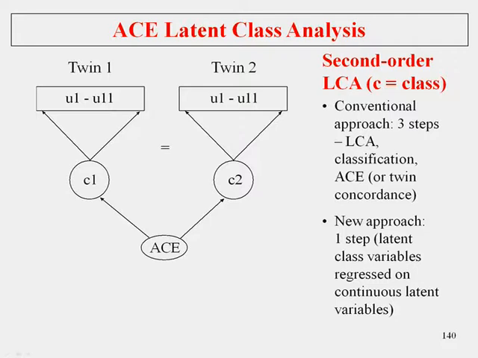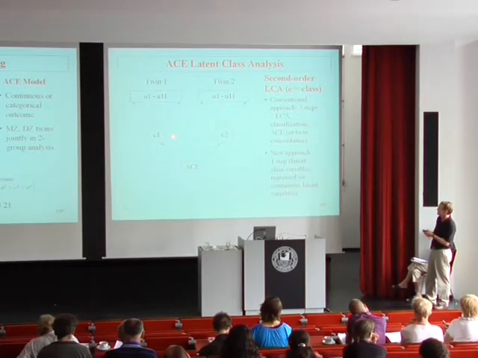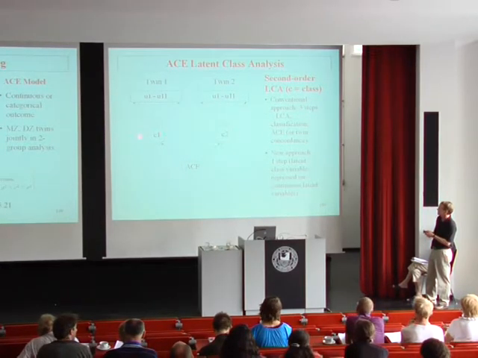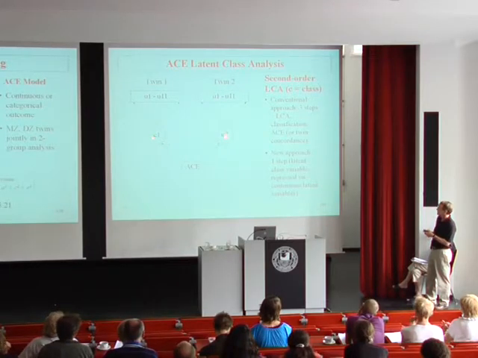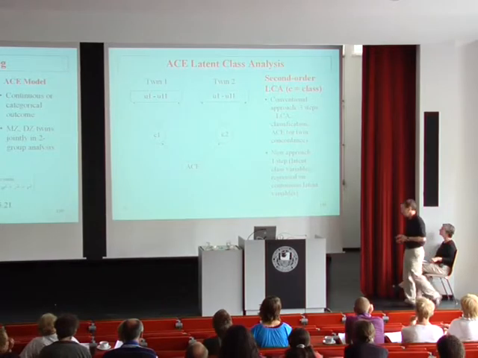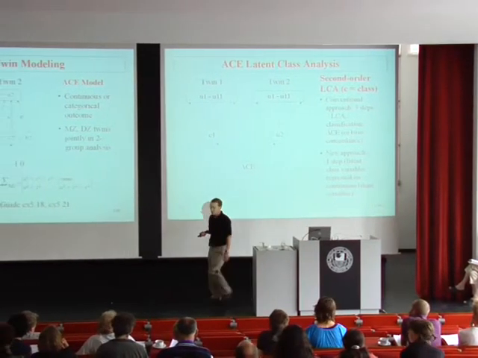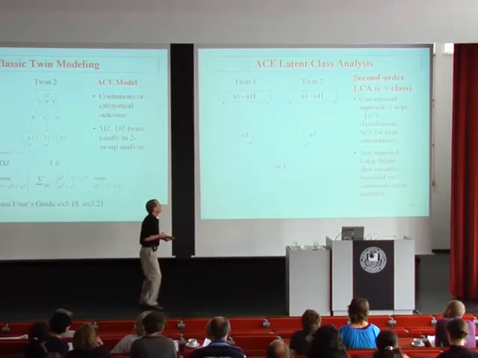For instance, if you have binary variables, this is where the liability model comes into play in behavioral genetics if the C's were observed. But you can actually have latent C's here, and latent class variables that correlate due to three factors, ACE. I've seen this kind of approach done in behavioral genetics applications, except they do it in an ad hoc fashion.